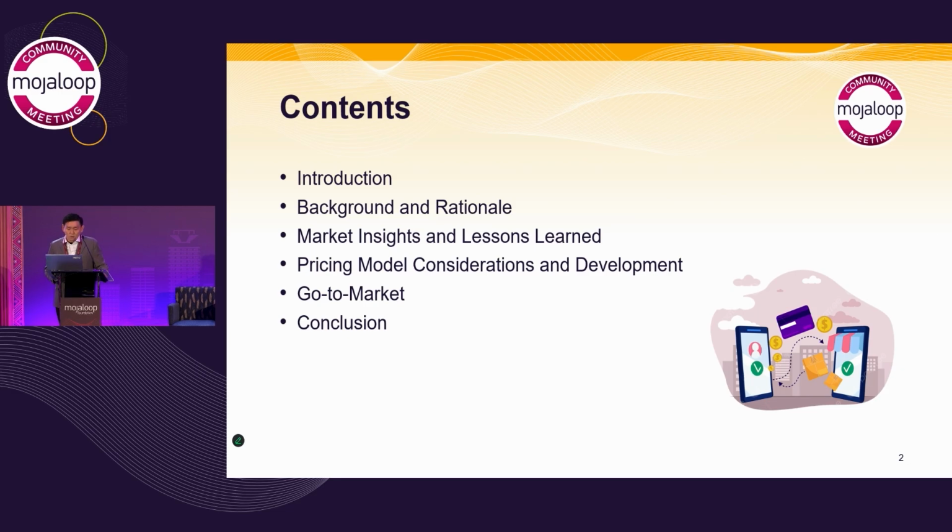From there, we will get into the core of this presentation and the detailed process of developing a pricing model, including forecasting demand and architecting the cost structure. Then we are going to explore two key models I'm going to present here. And finally, I will briefly talk about the importance of go-to-market strategy that aligns with our pricing model, and wrap up with some key conclusions.